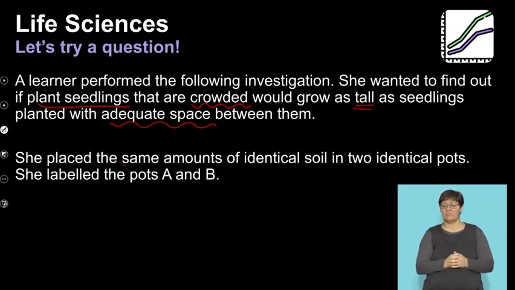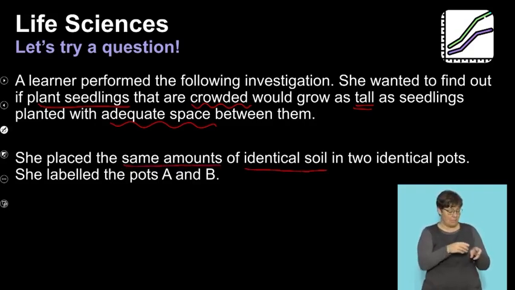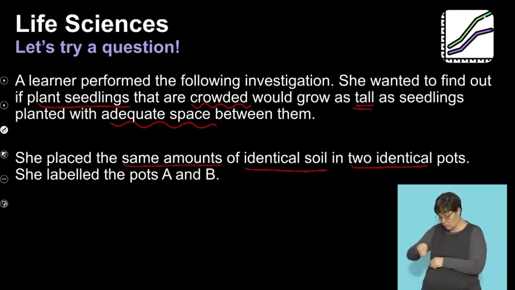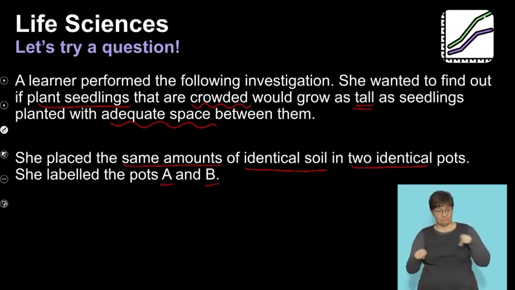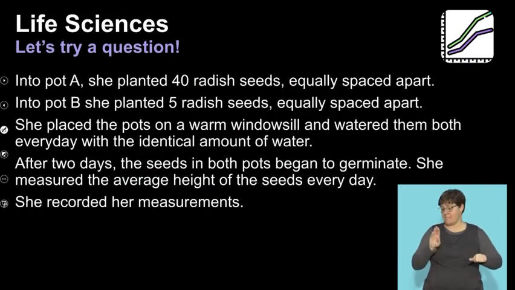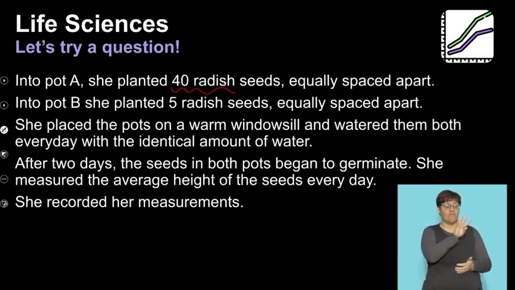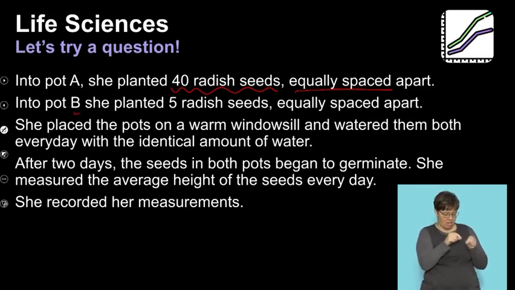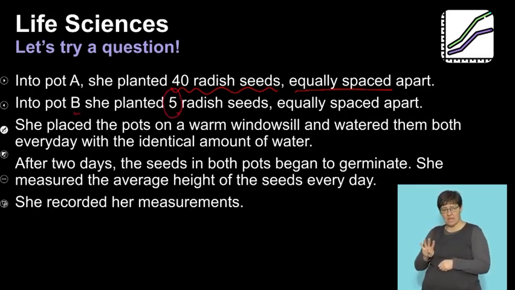She placed the same amounts of identical soil in two identical pots, and she labeled them pot A and pot B. Into pot A, she planted 40 radish seeds, and she made sure they were equally spaced apart. Into pot B, she only planted 5.